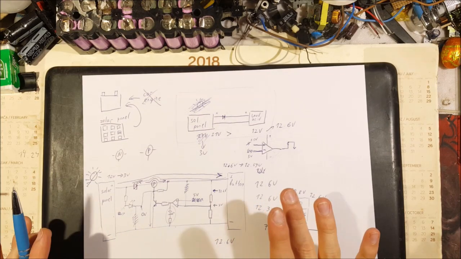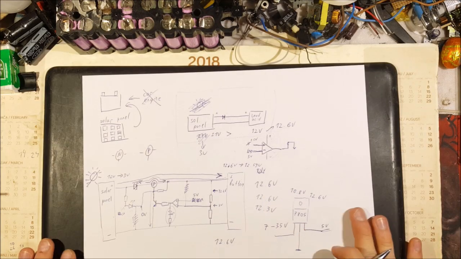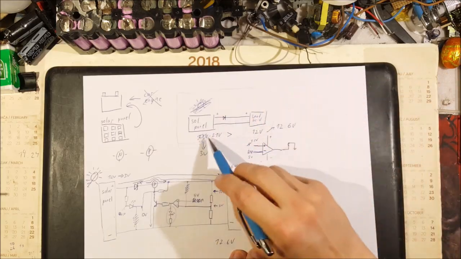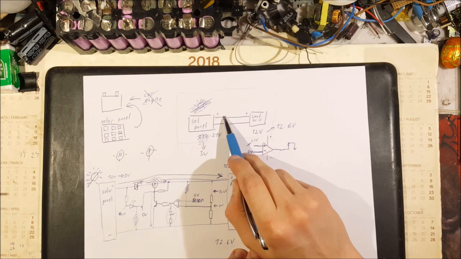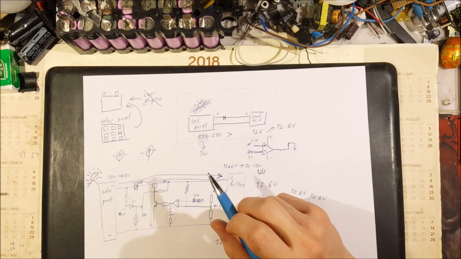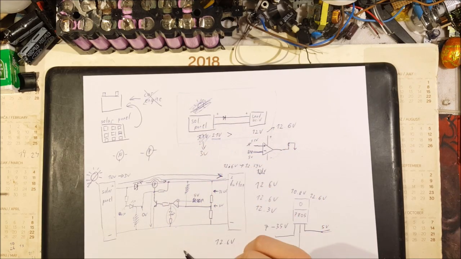There is a mistake in this circuit that I just realized. What did we say our solar panel is generating when there is no load on the output, when there is sun? It is generating around 21 volts.